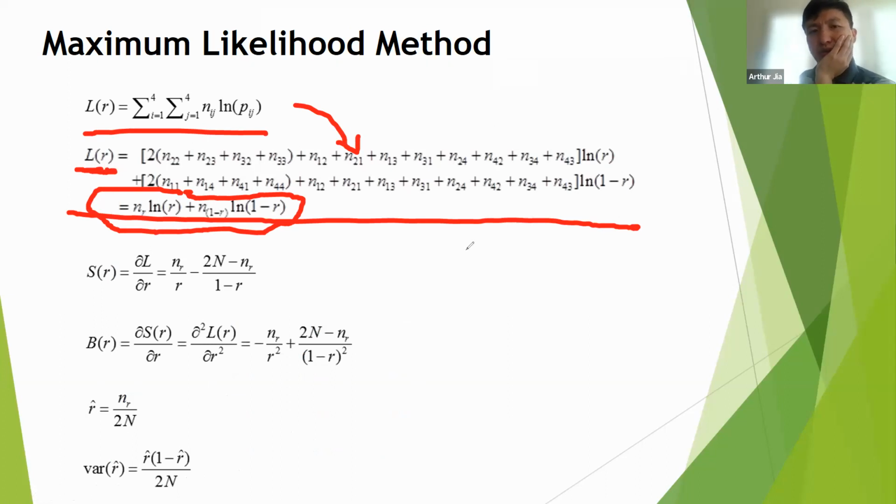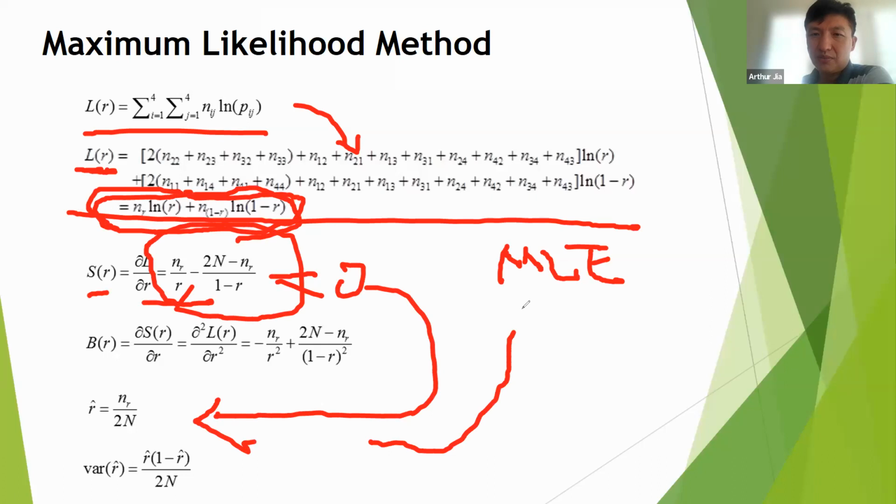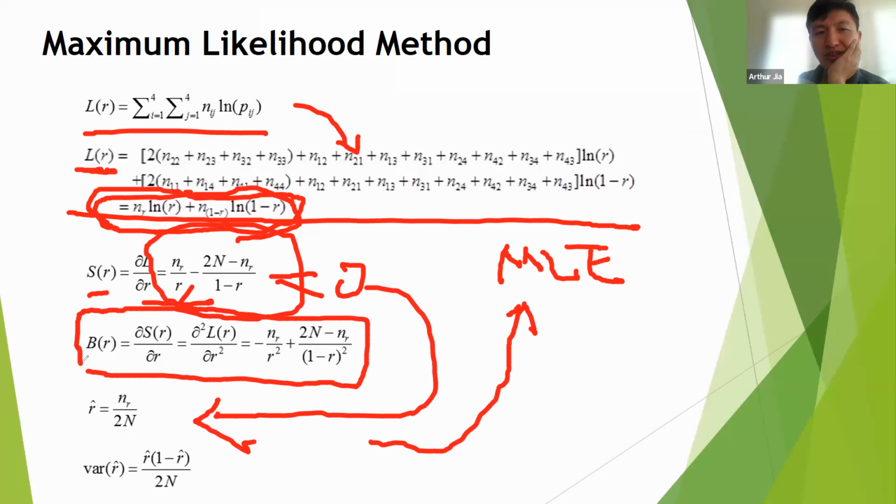If you want to derive your MLE, the next step is to take the first derivative. Set it equal to 0 and solve this equation, and you get this. This is your MLE, right? After that, you do one more step: the second derivative.